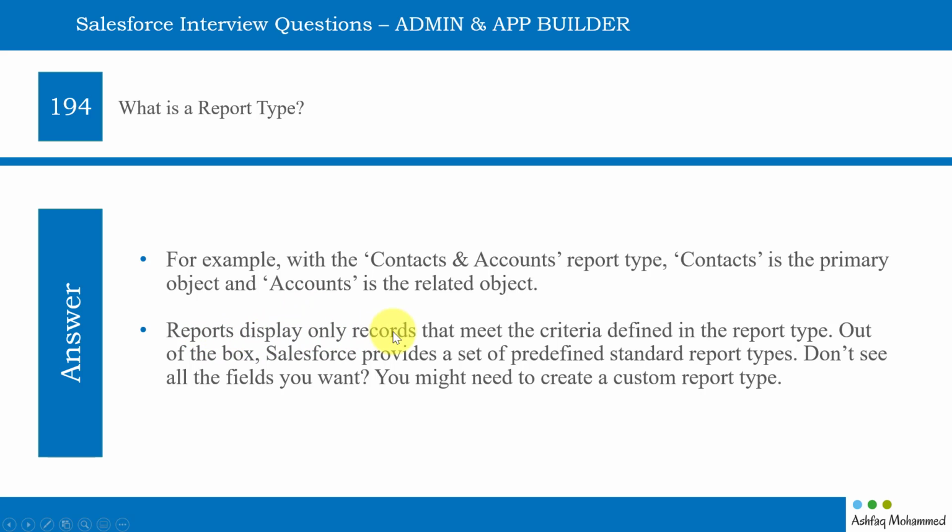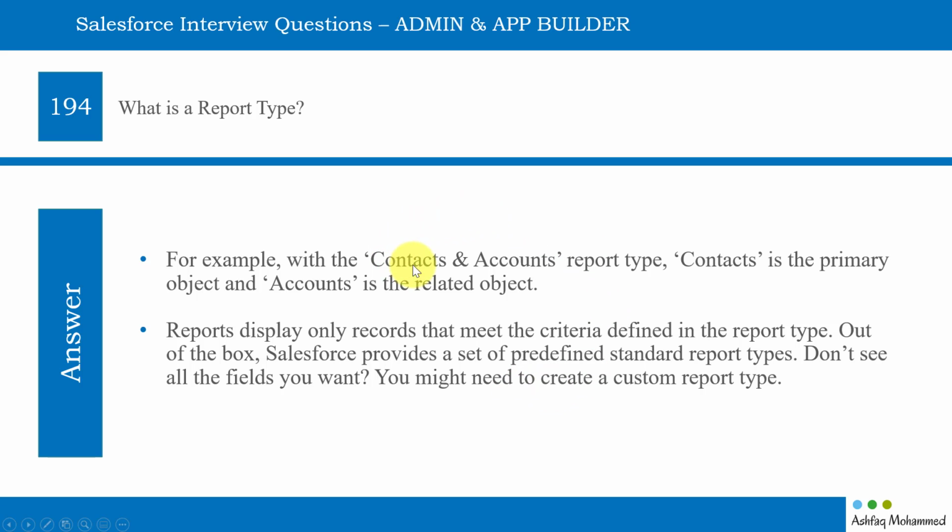Reports display only records that meet the criteria defined in the report type, right? Out of the box, Salesforce provides a set of predefined standard report types. If you don't see all the fields you want, you might need to create custom report types, right? Salesforce already provided us some frequently used ones which are needed to create reports, maybe for accounts, contacts, opportunities, cases, etc., right?